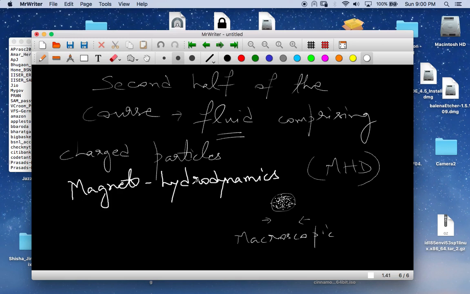You introduce magnetic fields, and the fluid responds to it in various ways, and we will study that. Hence the name magnetohydrodynamics. At any rate, this is what we will be doing in the second half of the course.